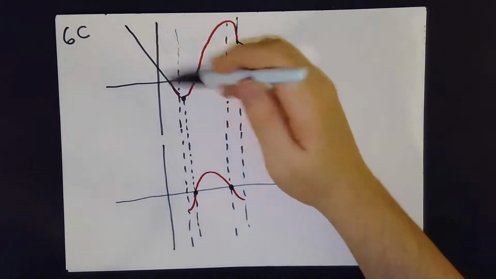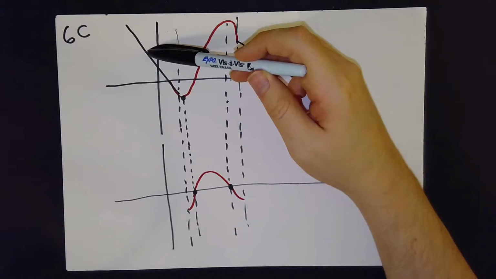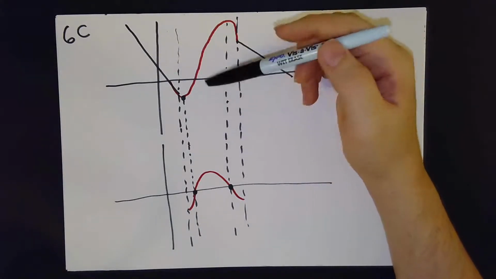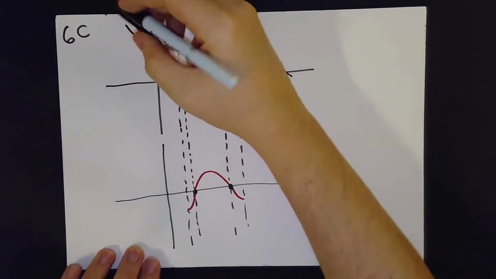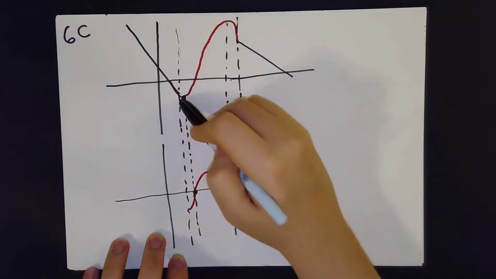Now, the black lines are actually easier because the derivative of a line is a constant. It's just the slope of the line. Okay. So all I need to do is draw a horizontal line where I think the slope of this black line is.